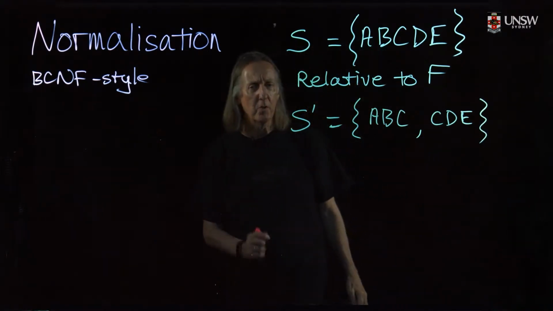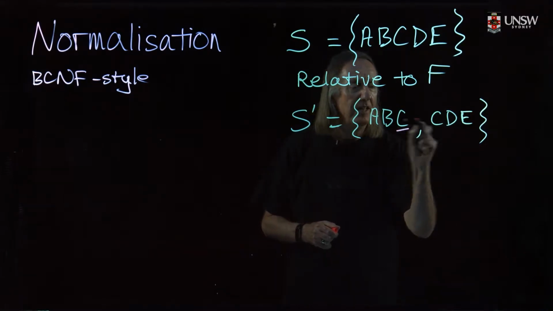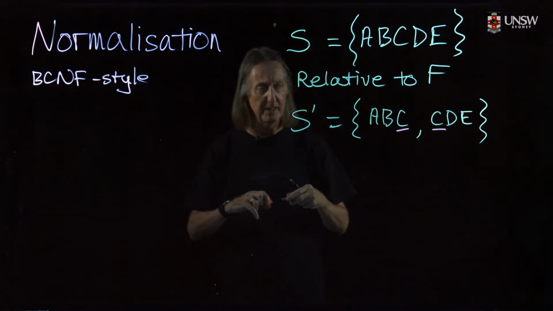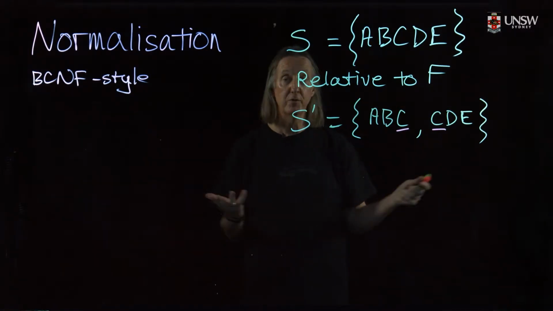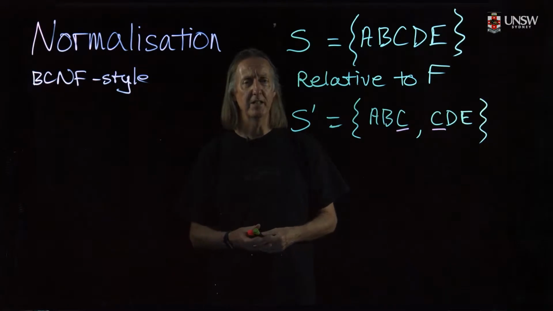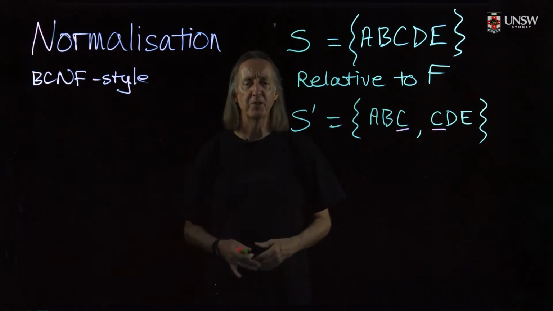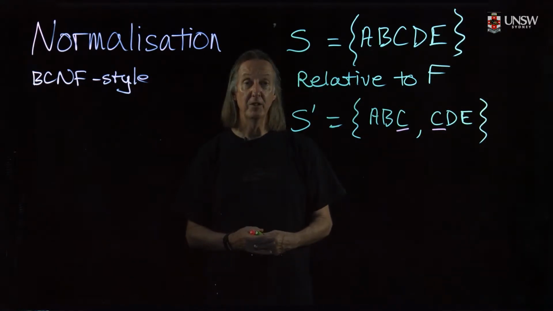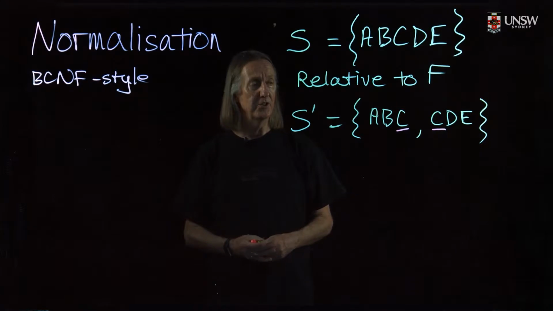Now, one thing that's always going to be the case in these scenarios is that we have to have some kind of linkage between the tables that we generate. Otherwise, if we don't, we can't reconstruct the original data set. And of course, it's supposed to be the same database, just represented without any redundancy. So we must be able to reconstruct the original schema.